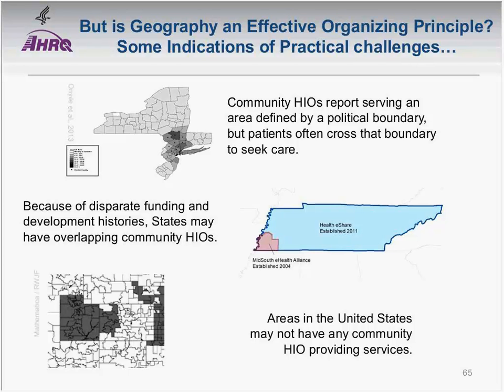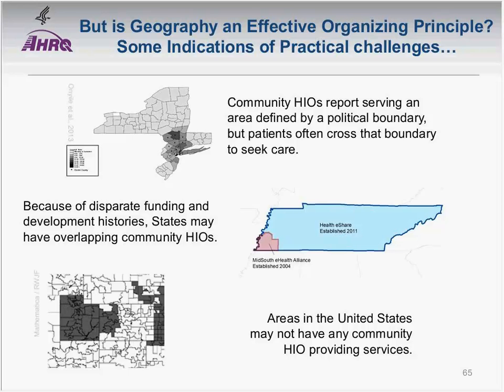And we also know that not all areas of the United States have had community HIOs operating at the time. Things have changed slightly with the advent of state-designated entities, but for a long time, there were areas of the country where no HIOs were actively going on. So all of these things can call into question whether or not geography is an effective organizing principle.